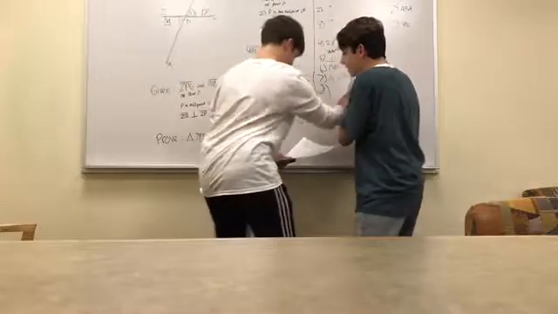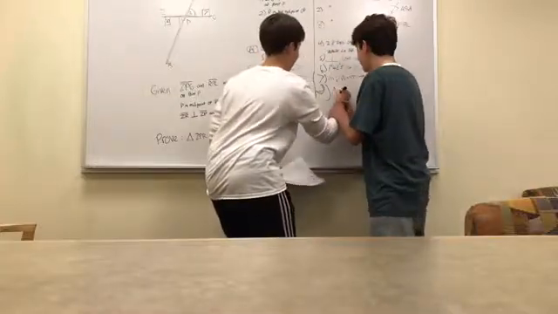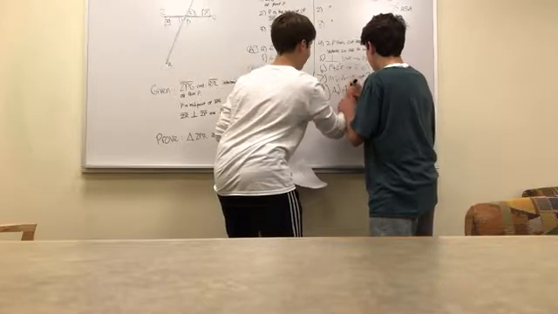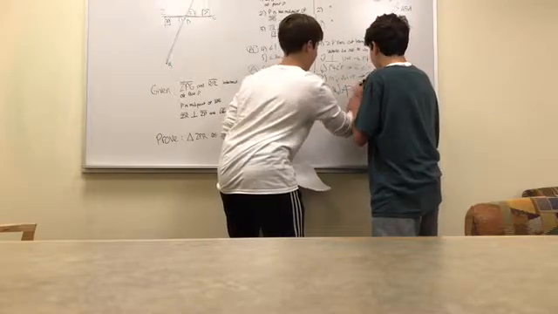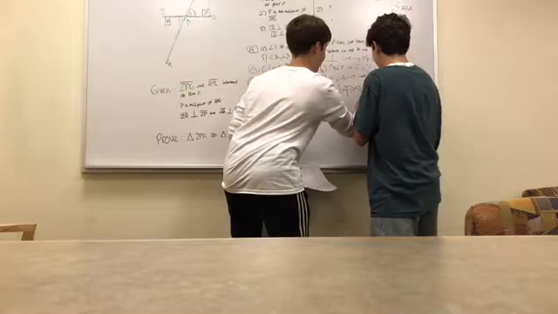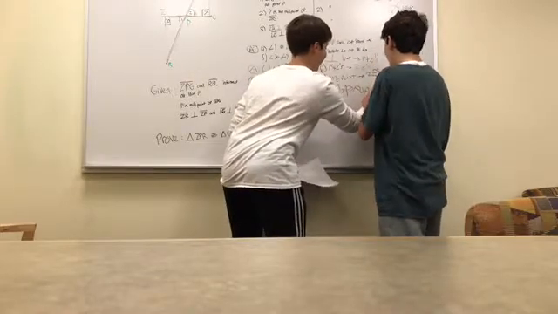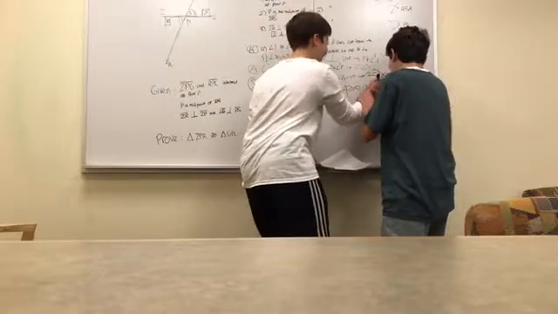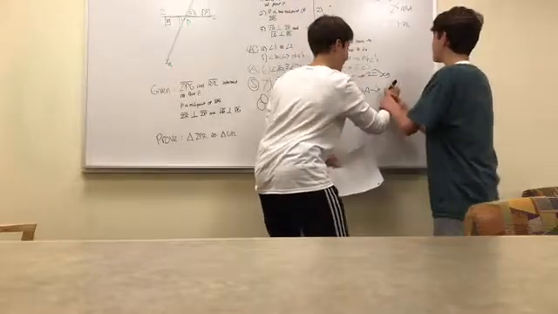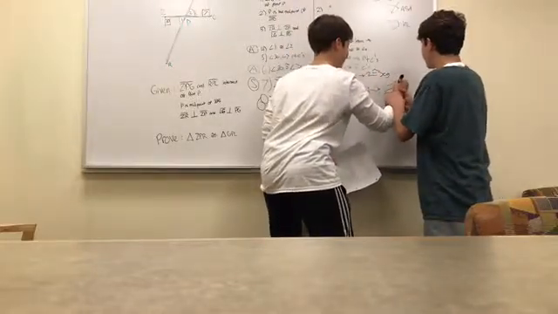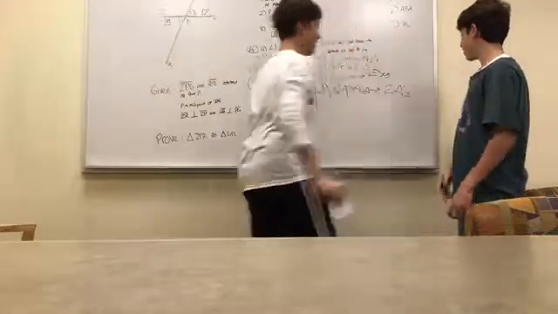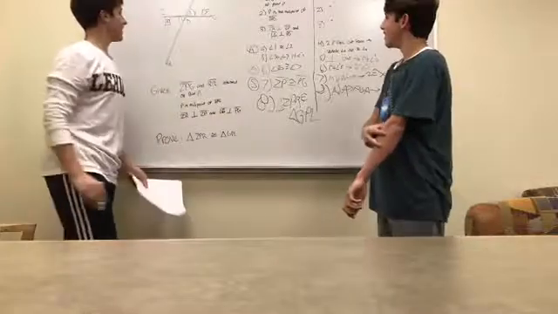And our reason for that would be angle, side, angle is congruent to angle, side, angle, which implies congruent triangles. And these are proven.